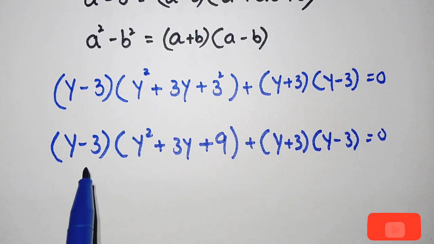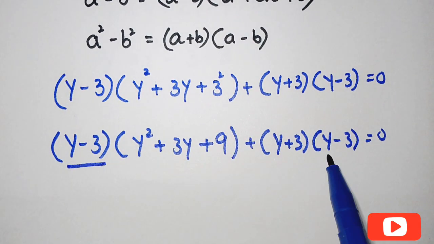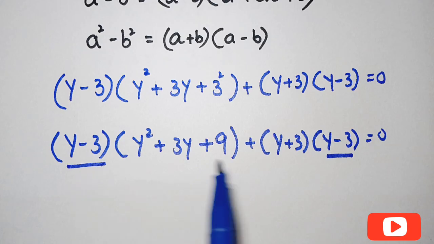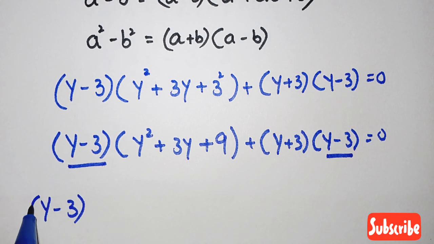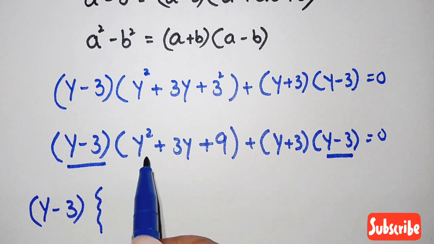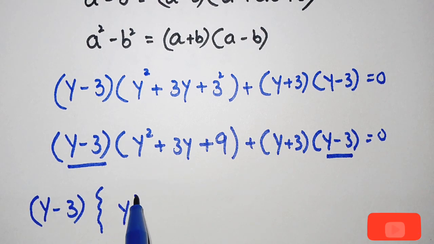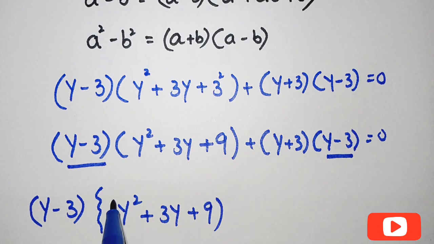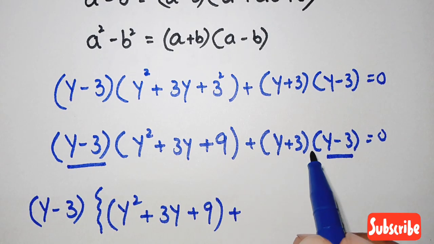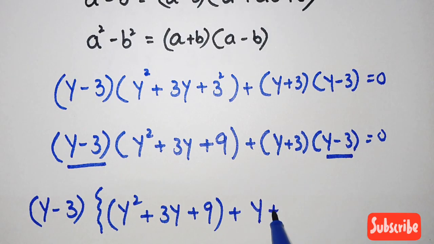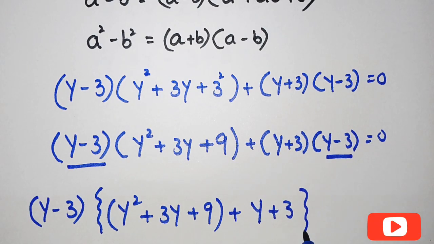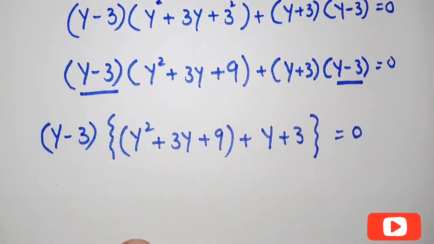Now look here, y minus 3 and y minus 3 are common, so we have to take y minus 3 common here. So taking y minus 3 common, this leaves y square plus 3y plus 9 plus y plus 3, which is equal to 0.